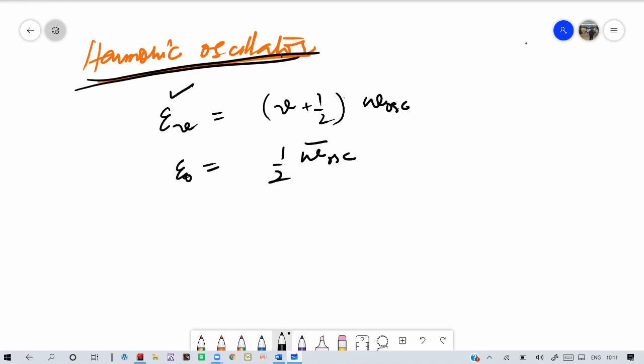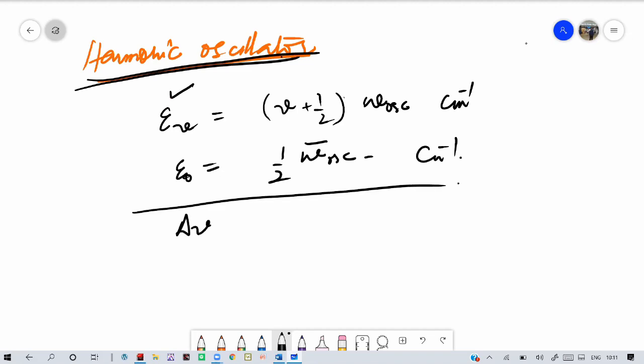When I'm writing this ν, it is the wave number actually, in centimeter inverse. Okay. With the selection rule Δν = ±1, the energy levels are equally spaced.